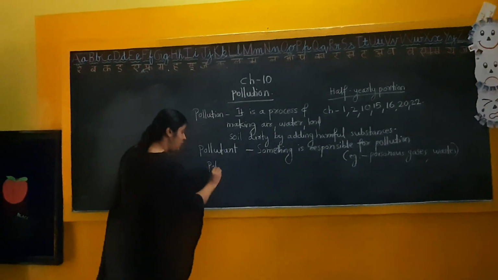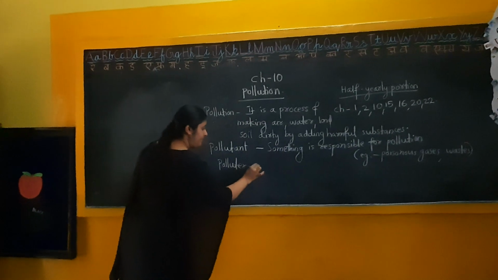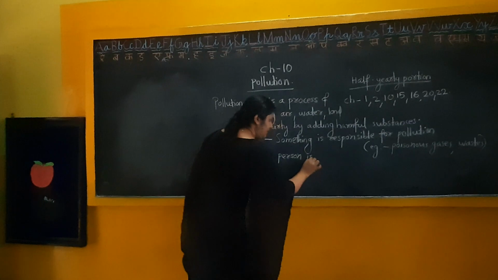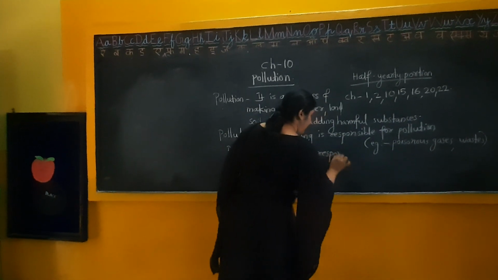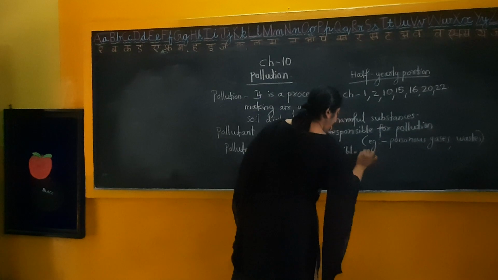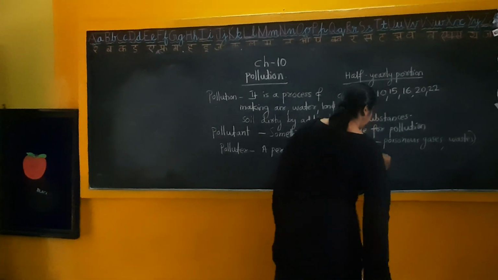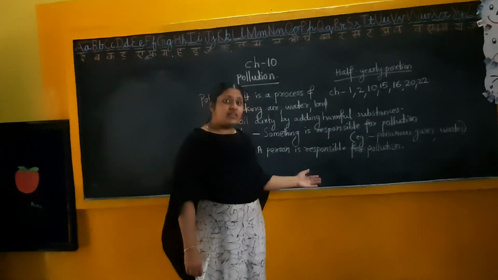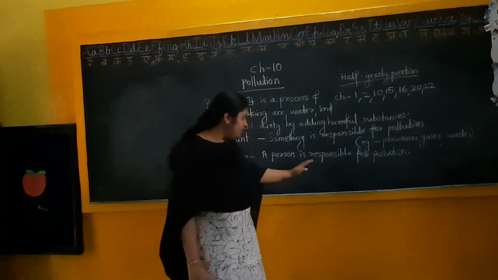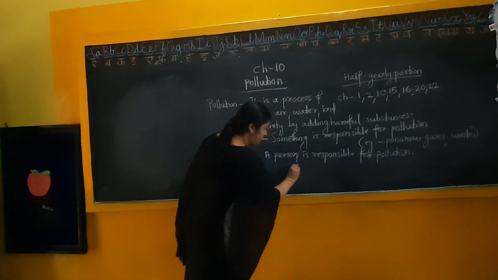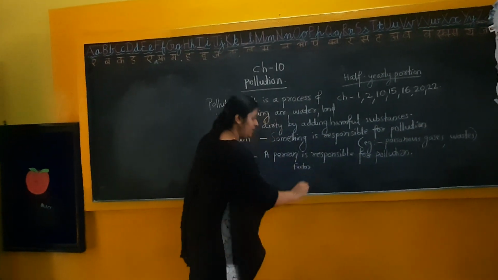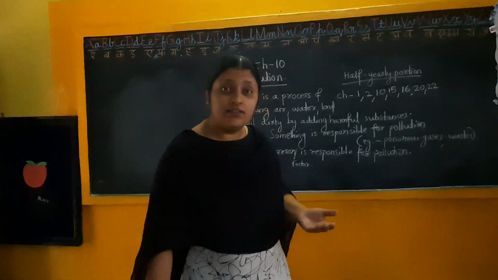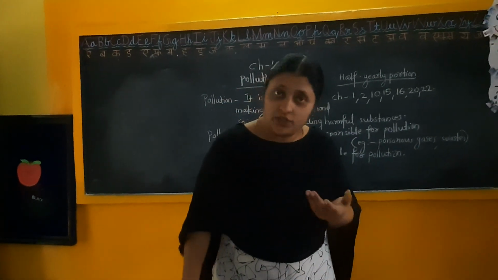And next one is polluter. A person is responsible for pollution. So it can be a factor also, a person or a factor, both are correct. If a person or a factor is responsible for pollution, then that person will be known as polluter.